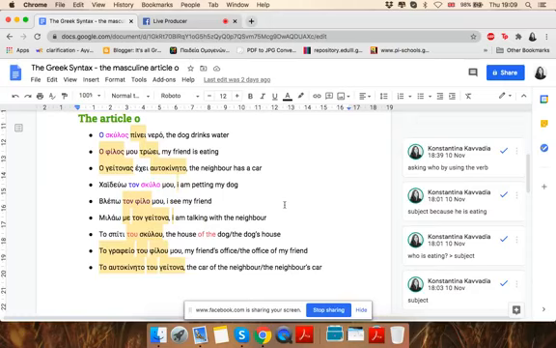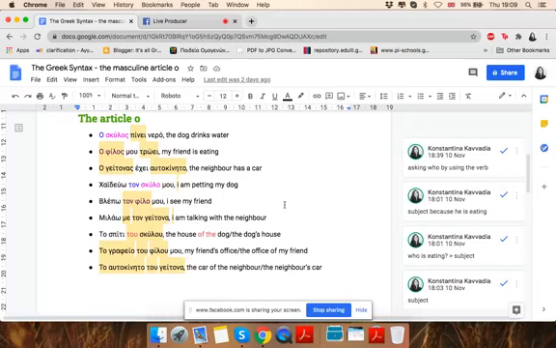So let's start. I'm going to use the masculine article today, and also the masculine words that end in -os, because usually masculine nouns, to be precise, go through a lot of changes.